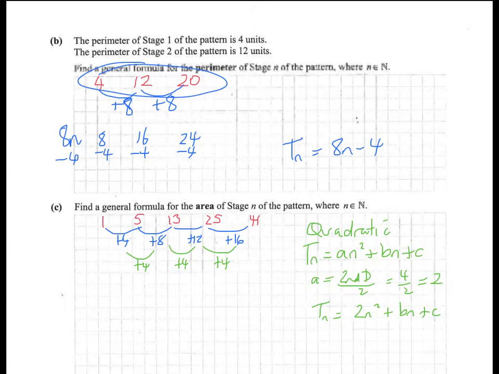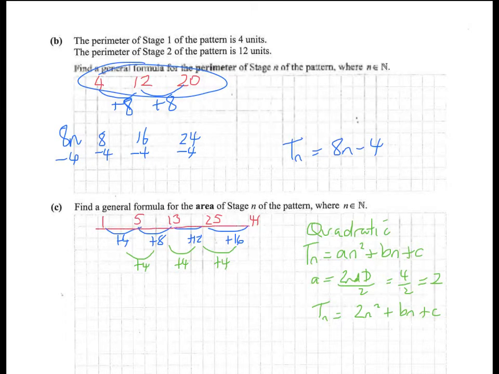The key idea about a quadratic is it's made up of a multiple of the square numbers plus a linear part. So we're going to break up this sequence of 1, 5, 13, 25, 41 into 2 lots of the square numbers and, separately, the linear pattern.